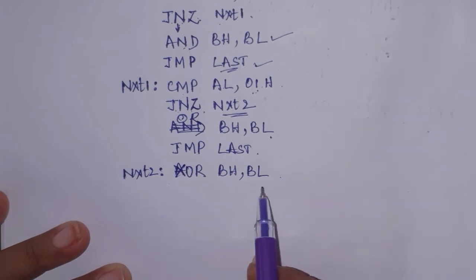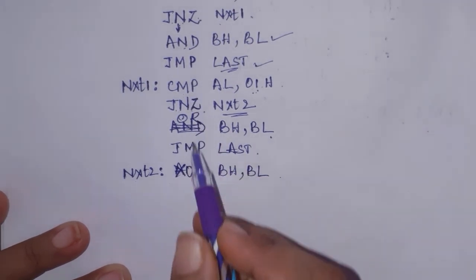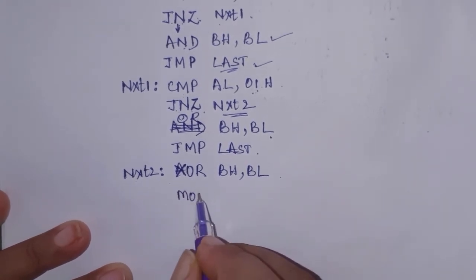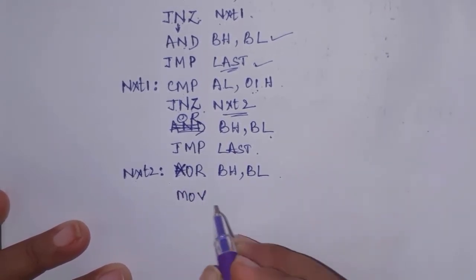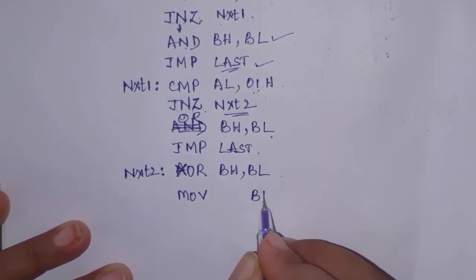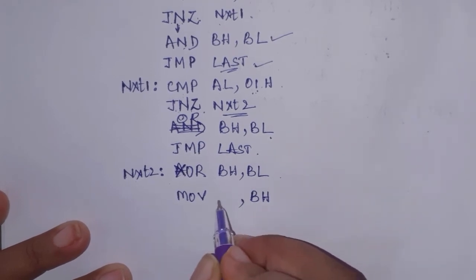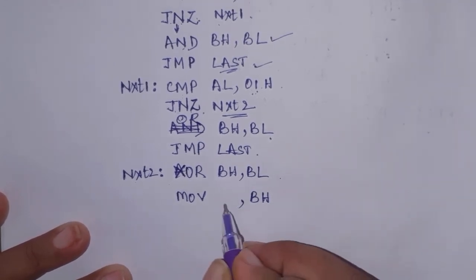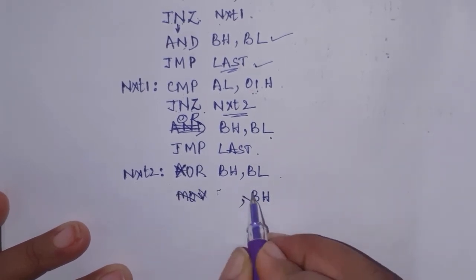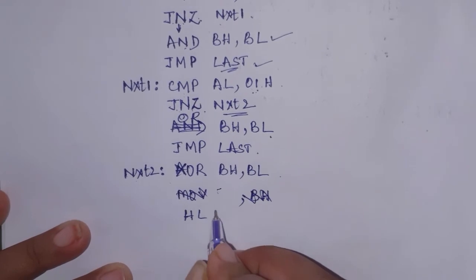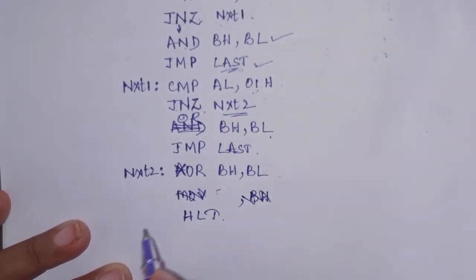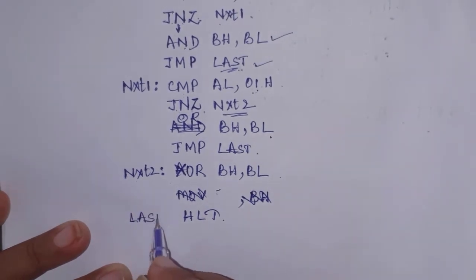Now after all this, you can move the contents of BH to some memory location, or you can halt the program here, stop the program here, and the last label comes here.